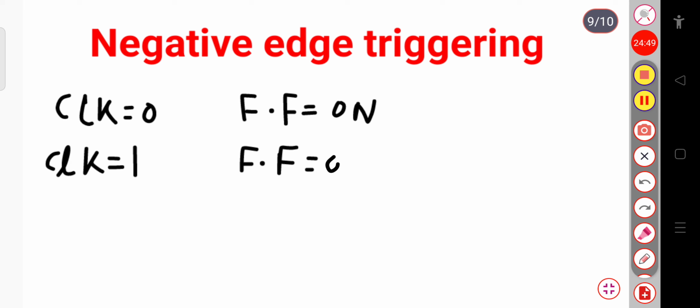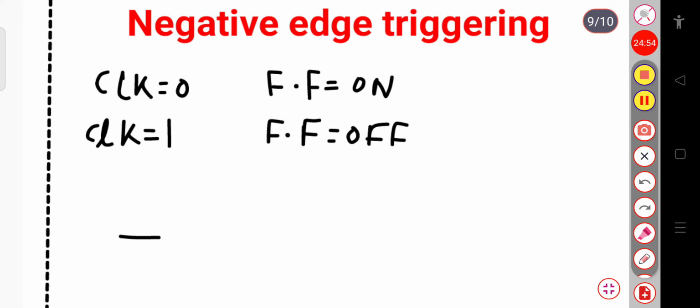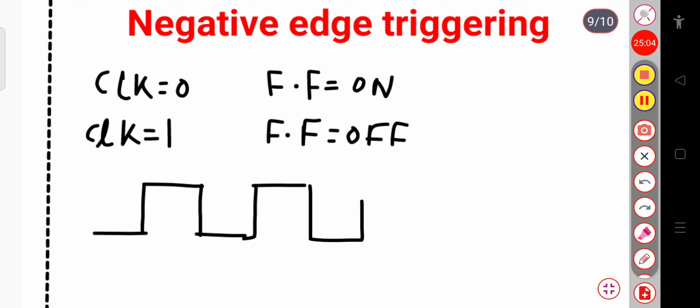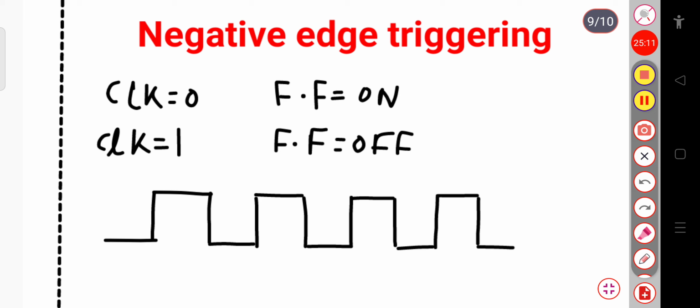Suppose let me draw a clock pulse like this. This is my clock pulse. In the case of negative based triggering, when the clock is given 1, the flip flop is in the off state, and when the clock is 0, meaning when it goes from 1 to 0, this condition is considered to be the on state.